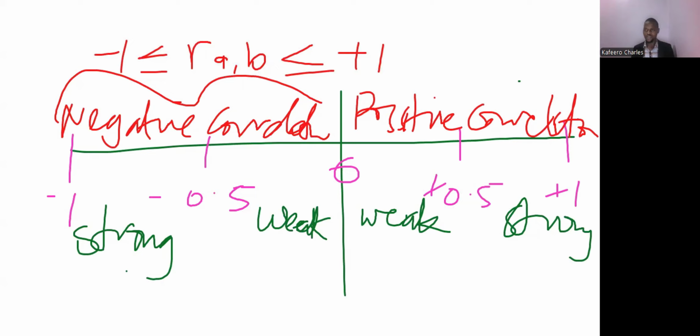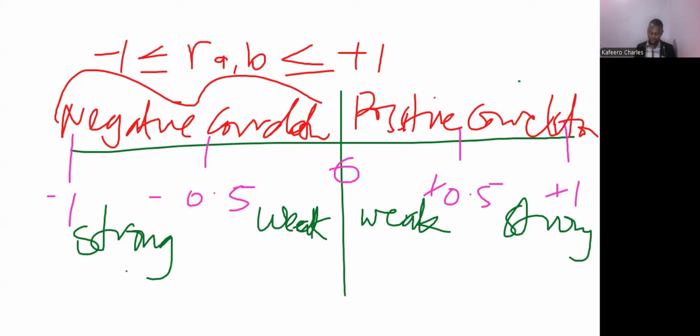Is it a positive correlation or is it a negative? That's it. But if you understand the whole argument of whether you have a strong and a weak, you can explain it in your comment. That even though it is a negative, it is close to -1, so it is a strong one. So for us, we just look at, have we gotten a negative correlation or a positive correlation?